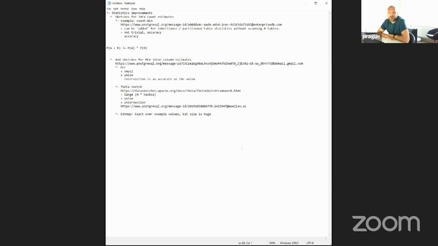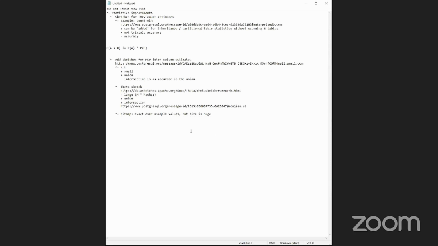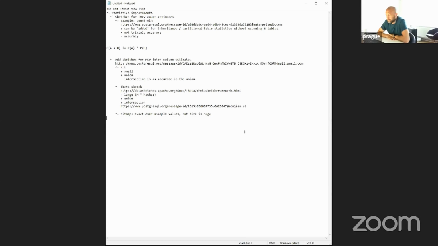Right, but you need that per value, right? Yes. And the bitmap here is actually the total bitmap for all the values, essentially, right?